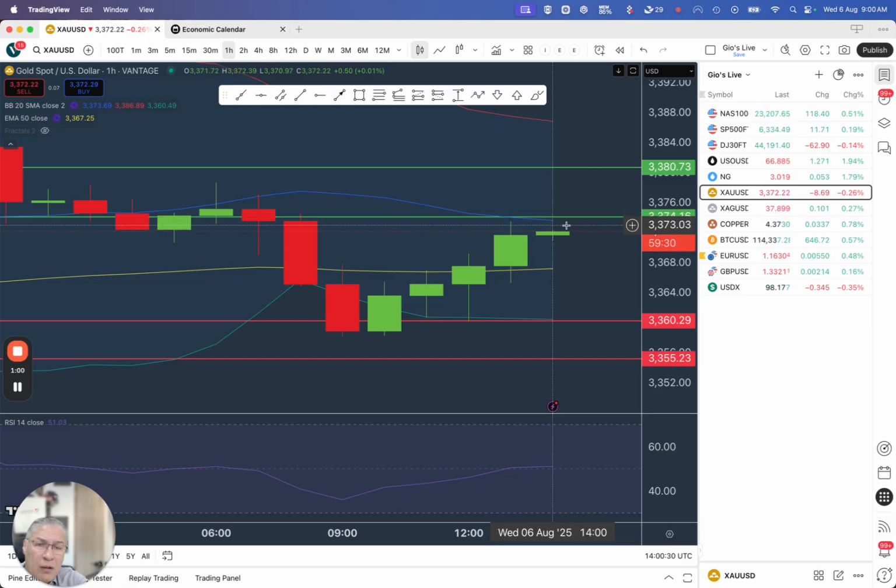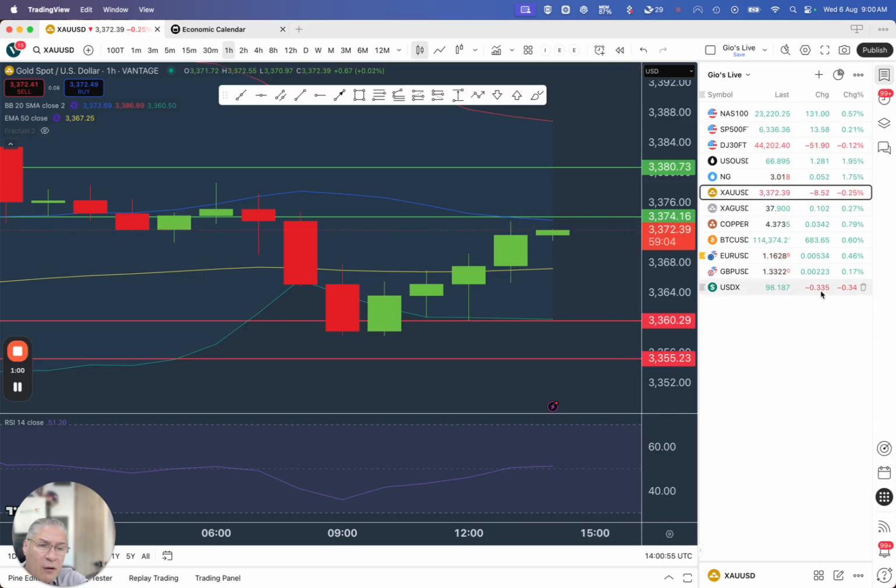Gold, in our previous hour we had a range and a move to the upside, and we're looking for positive momentum. The RSI is right at the borderline of 50, but we could contemplate that we are going to meet that 33.74 level of resistance.